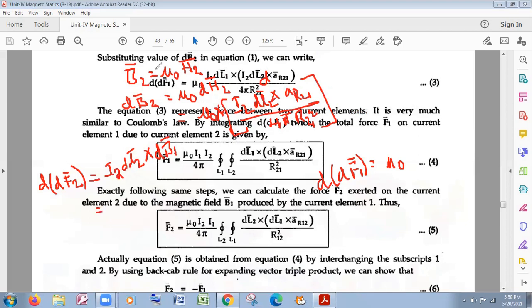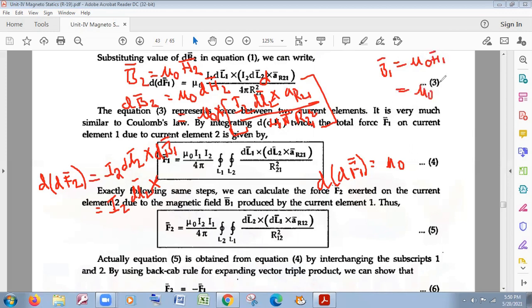So what is that B1 bar? According to this, B1 is equal to mu naught into H1. So I2 dL2 bar cross, according to the Biot-Savart law, B1 bar is equal to mu naught into H1 bar. What is that H1 bar?